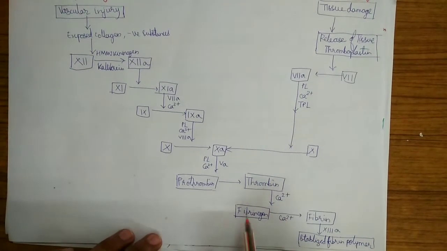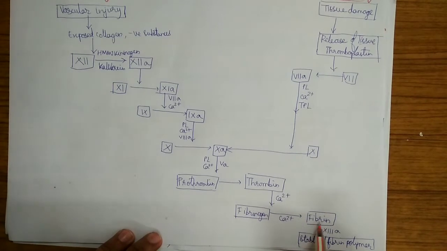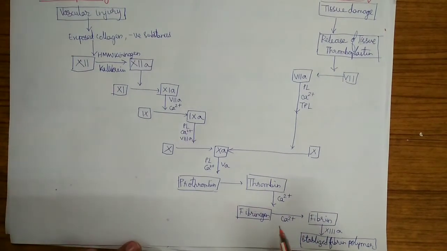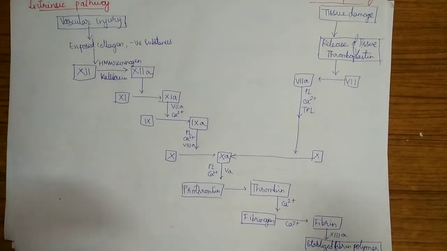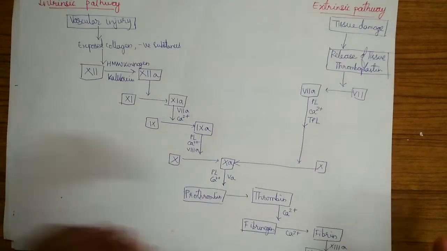This thrombin converts the fibrinogen to fibrin by the process of proteolysis. It takes the help of calcium in this process. Now this fibrin is converted to the stabilized fibrin polymer with the help of the activated form of clotting factor 13 or fibrin stabilizing factor. So the clot is formed.